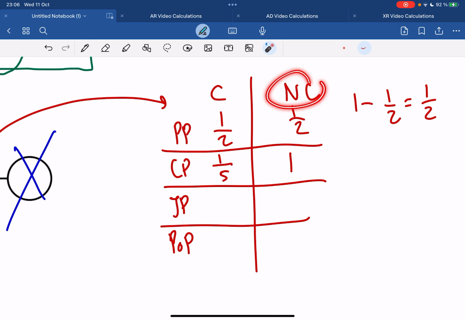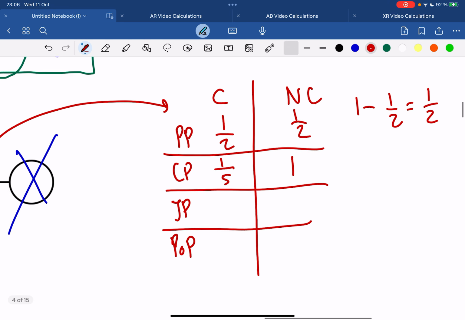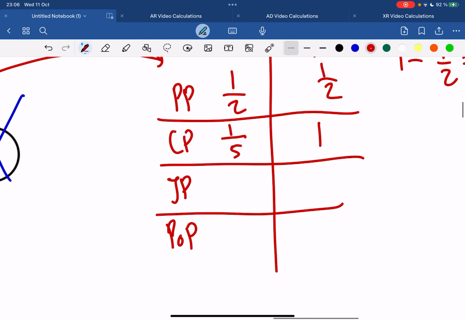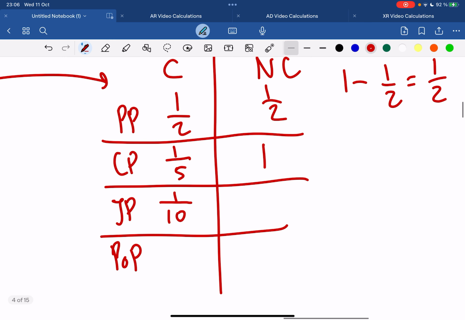Because if you're not carrying an unhealthy allele, then your chance of being healthy will be 100%. Joint probability is this times this. So you just take 2 times 5, which in this case would be 1 over 10. And the joint probability here would be 1 out of 2, but because we want the denominators to be the same, we just write it as 5 over 10.